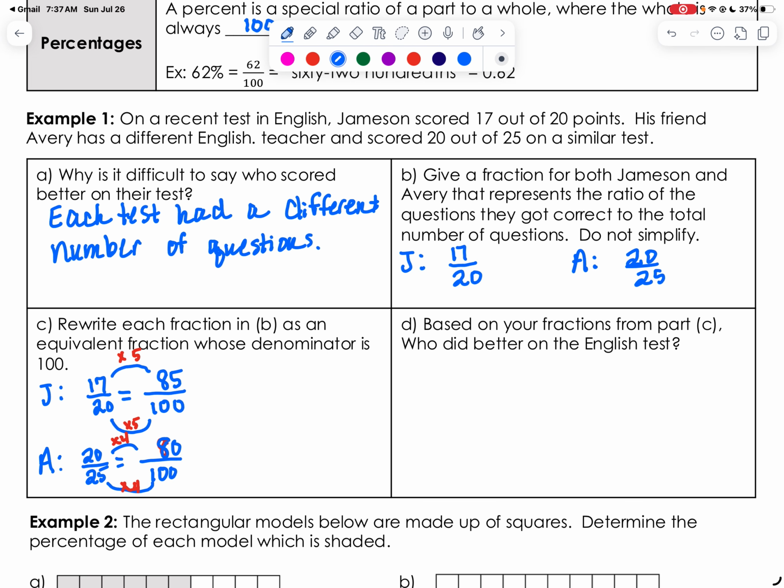So we can say that Jameson scored better on the test. Again, when we want to compare fractions, we need to have the same denominator. So here, having the same denominator of 100 allowed us to see who scored better.